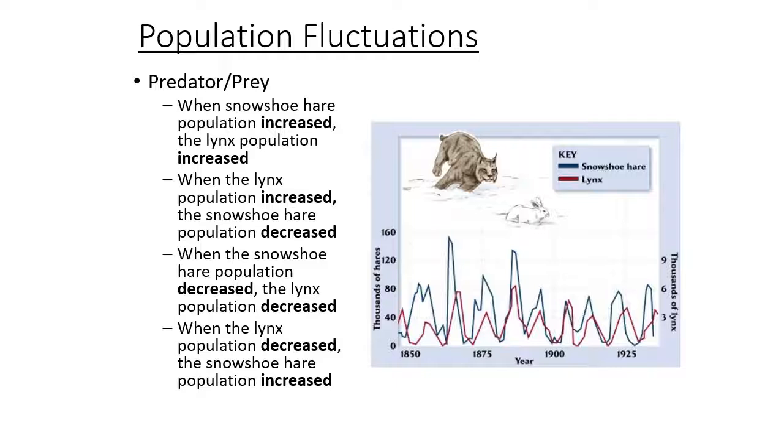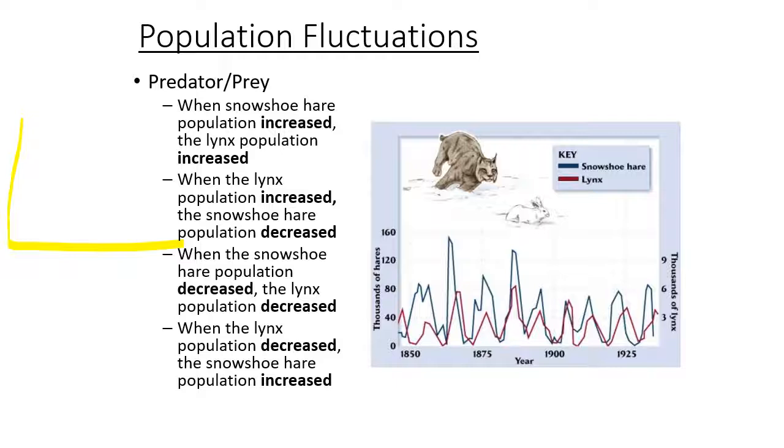However, when the number of lynx increases, well, this means now more hare are being eaten. So that means the hares are going to start to decrease. So what we're seeing here is this lovely sine cosine kind of graph.